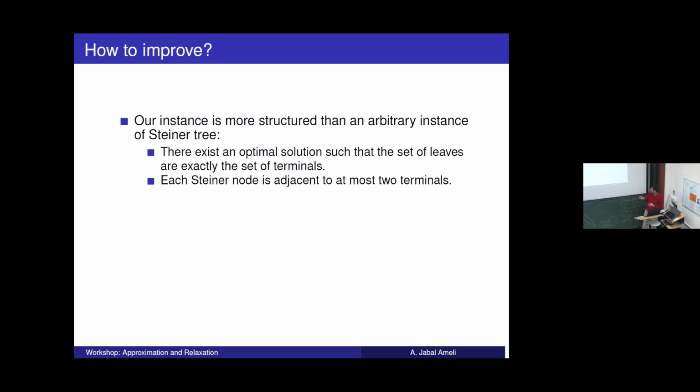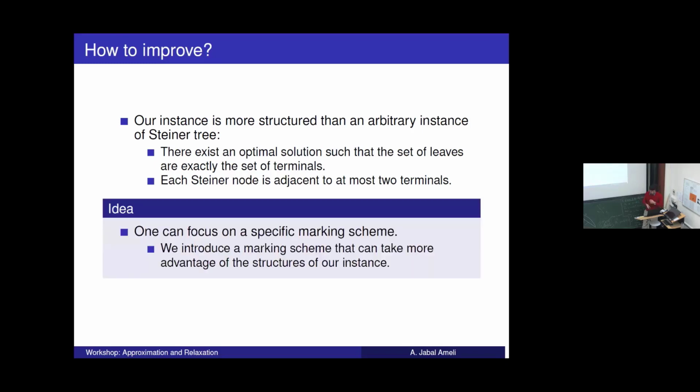And finally, the second property is that each Steiner node is adjacent to at most 2 terminals. This is because of the way that the reduction works. And now the idea is that instead of looking at a totally random marking scheme, we change this marking scheme a little bit so that it can basically use the structure of our instance and get a better approximation factor.